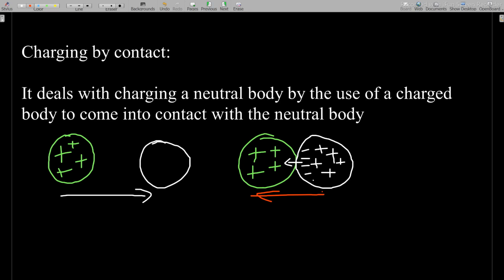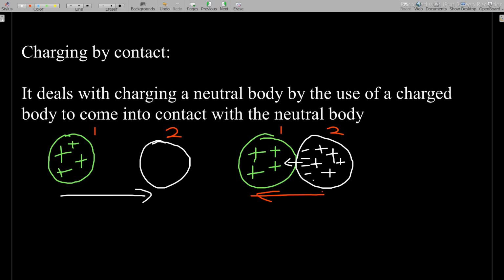At the end, if I put them together in contact for just 1 minute, there will be a deficiency of electrons in the second body. Let's call them body 1 and body 2.